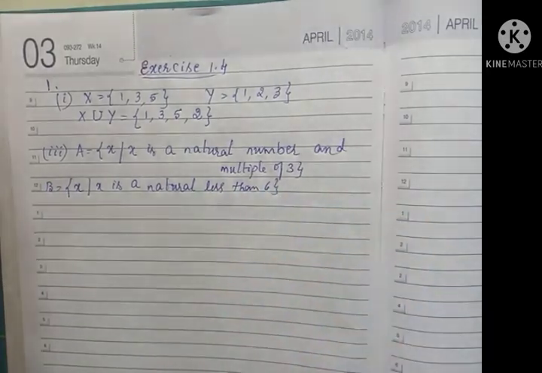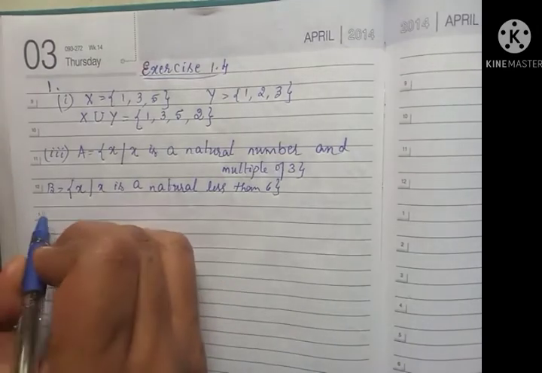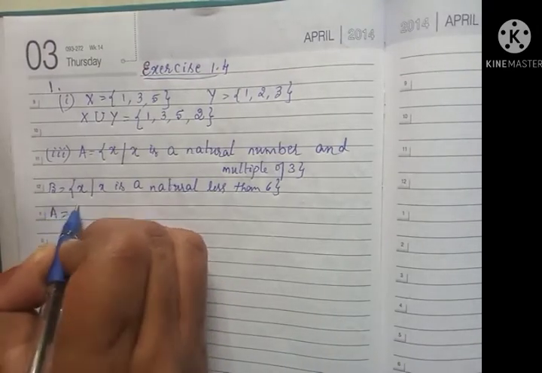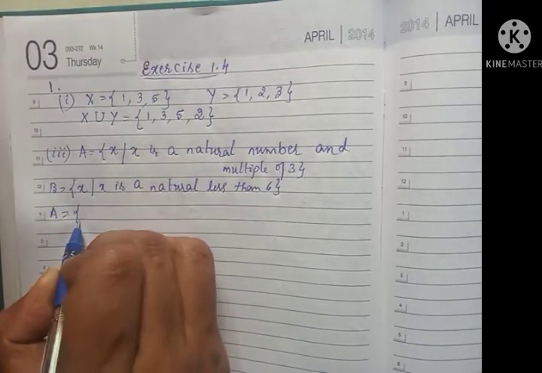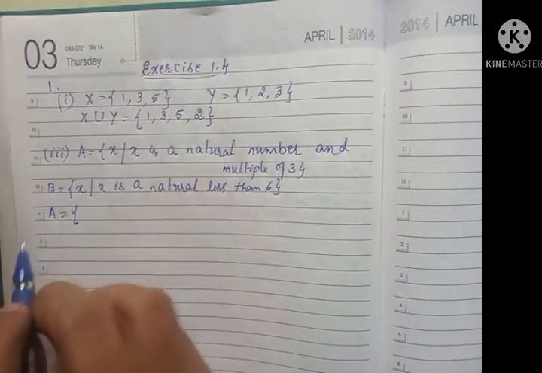Before writing the union, first you have to write what set A and set B are, that is, write the elements.